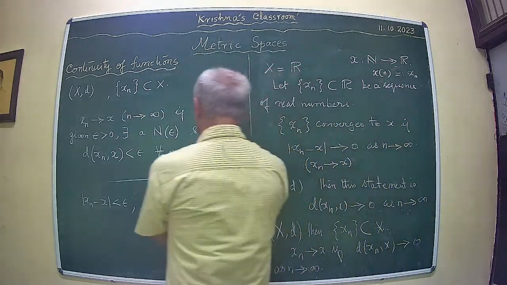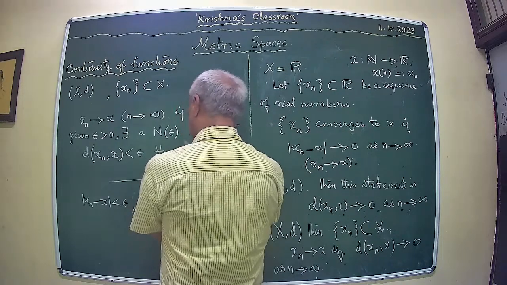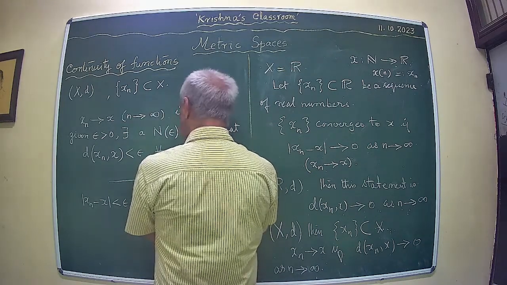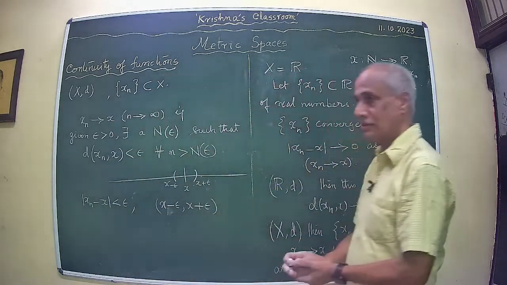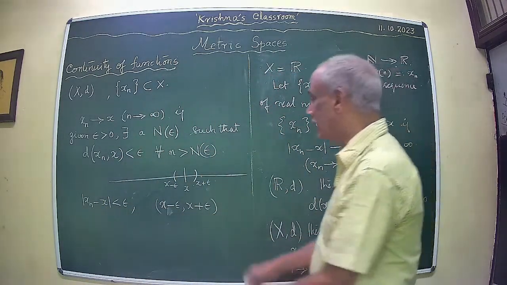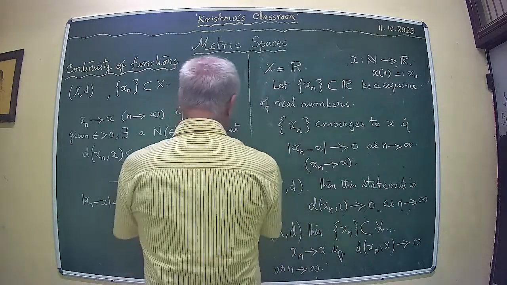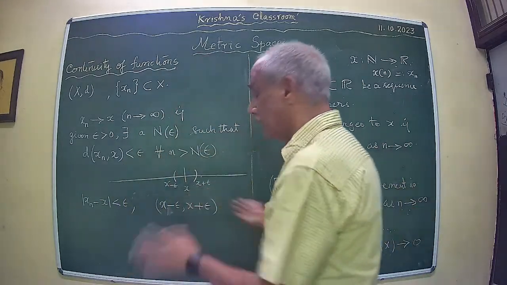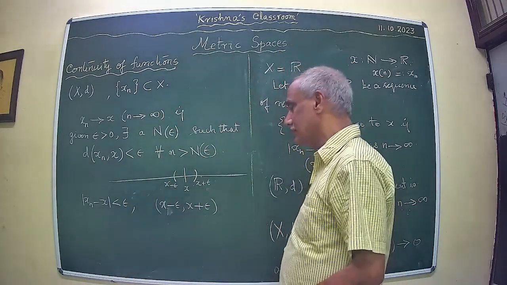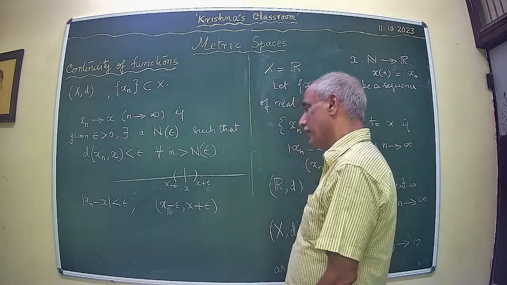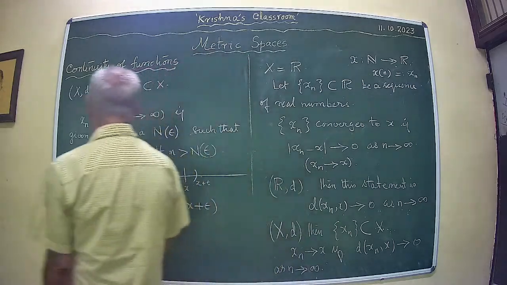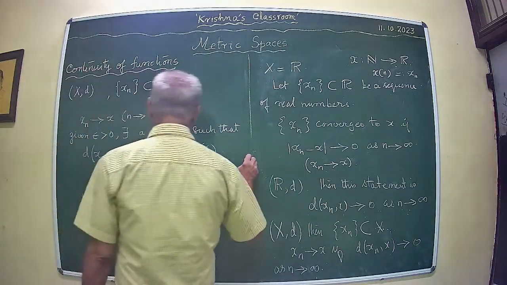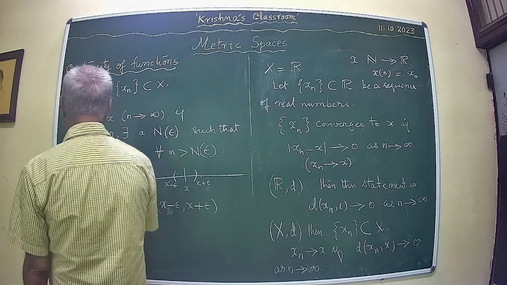If epsilon becomes smaller, this number will increase. But nevertheless, every x_n would be inside this neighborhood from some stage onwards. Then you say x_n converges to x.